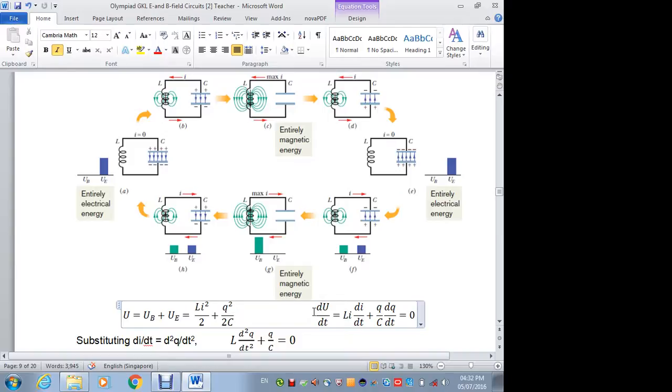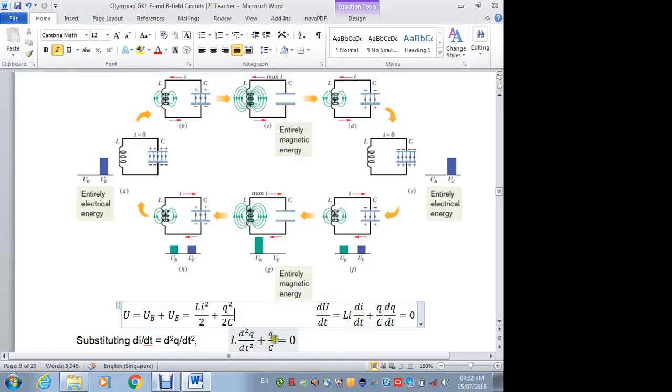Okay? Second order. Or d/dt of dQ/dt first. Then you substitute this dI/dt from here, right? Substitute with d squared Q/dt squared.